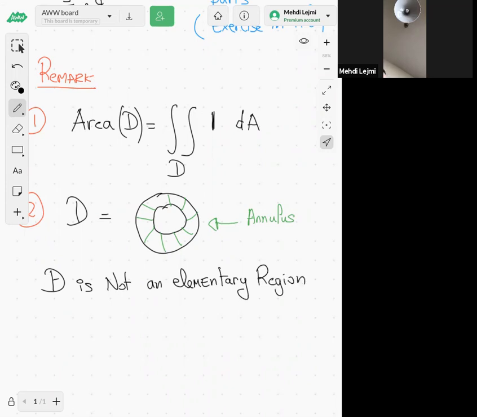And I claim that we can divide D into 4 elementary regions. So what will be the elementary regions in this case?